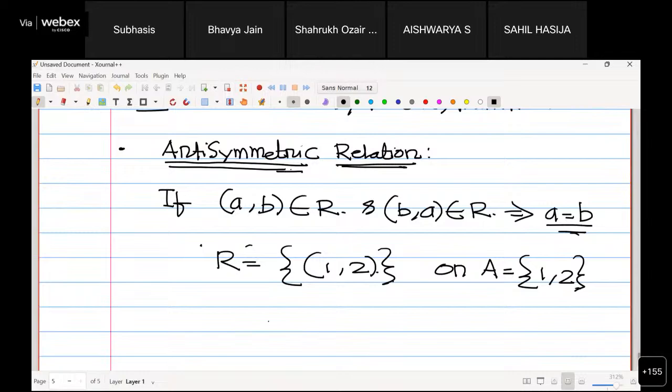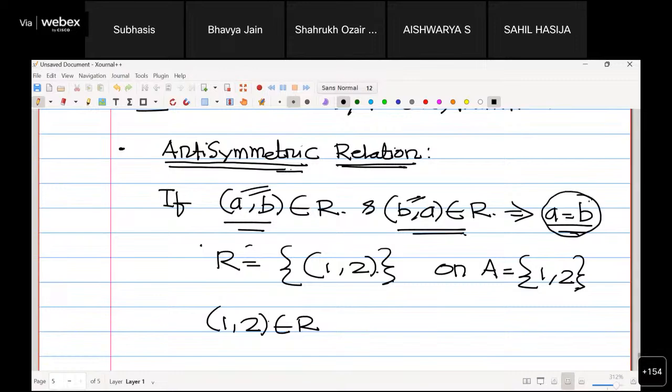Because you have to use the definition. It's saying if (A, B), let's say I have only one element, (1, 2), is in R, and it's saying if (A, B) is in R and (B, A) is in R, then only I need to check whether A equals B or not.